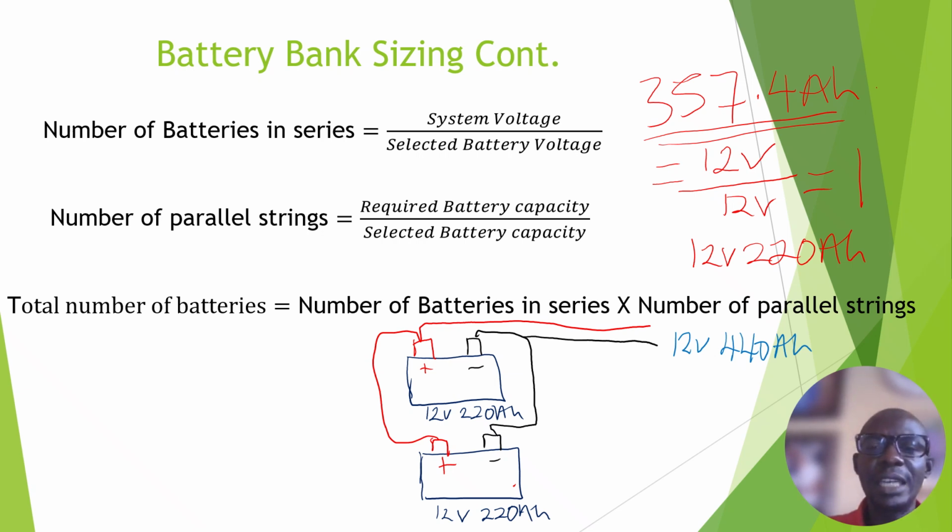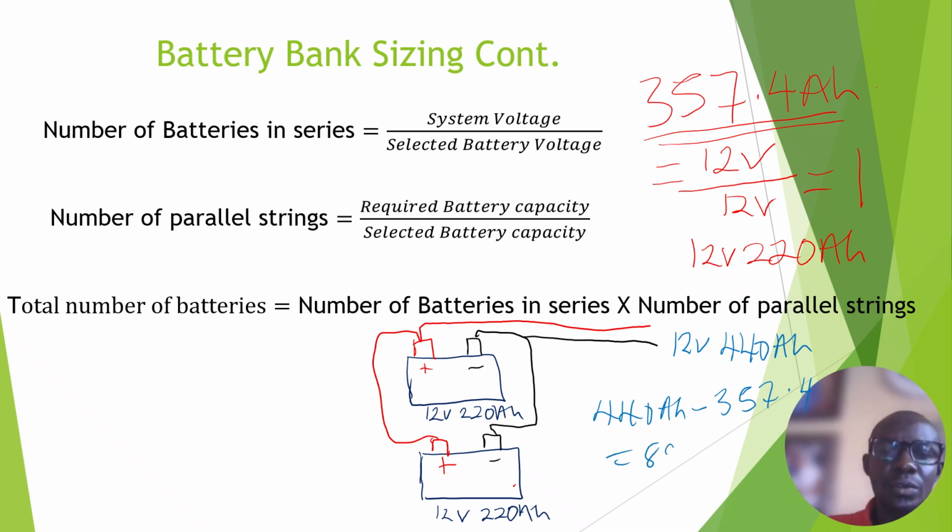So you can see there's an increase in the capacity. So 440 Ah minus 357.4, and that would be 82.6 Ah. So I'm still at the advantage of 82.6.